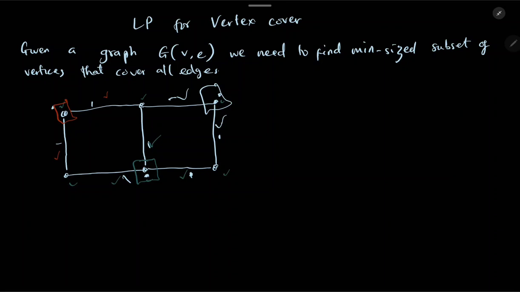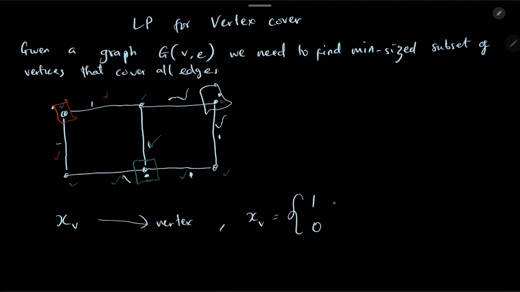For an LP, we decide what we are looking for first. Let's express our vertex as the variable x sub v. So this will be used to express vertex, right? And for our LP problem, when we choose a given vertex, it's either represented as a 1 or as a 0.